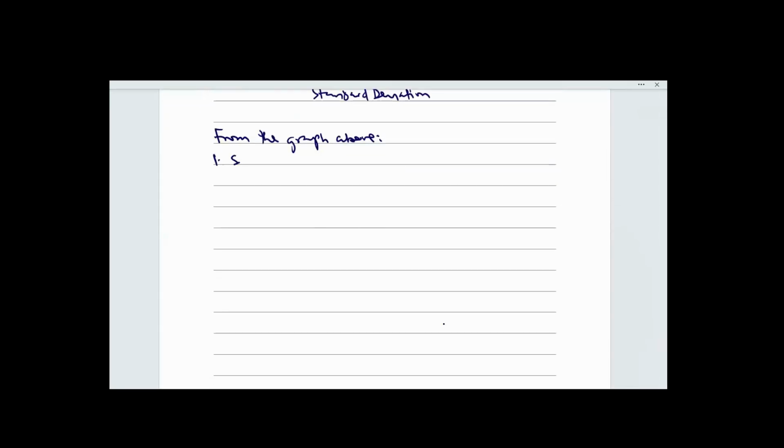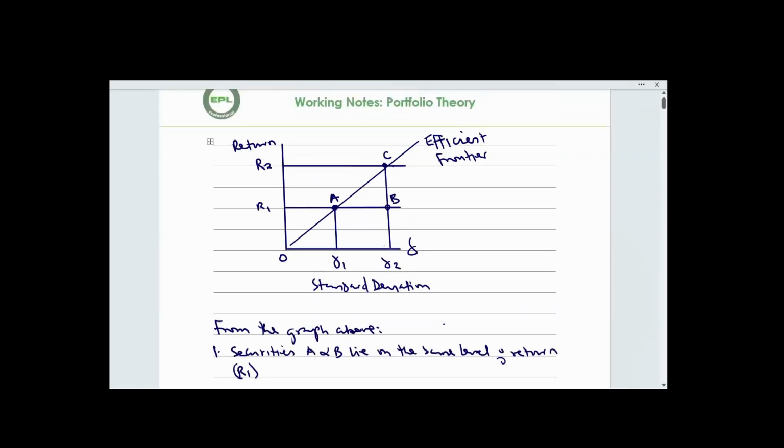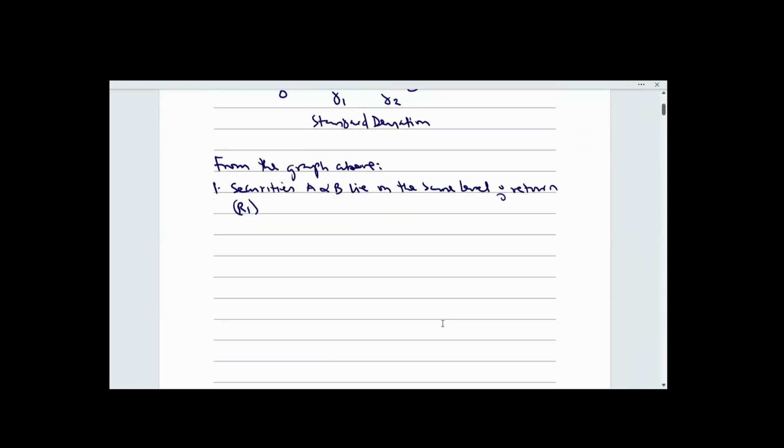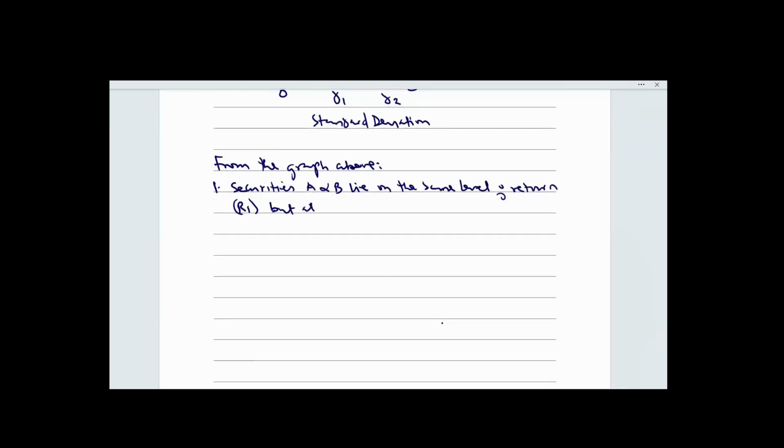So I will say securities A and B lie on the same level of return R1, but at different levels of risk. Level of risk D1 and D2.